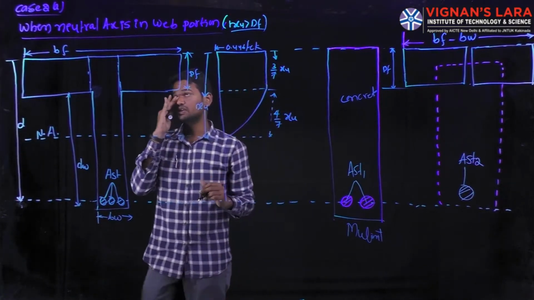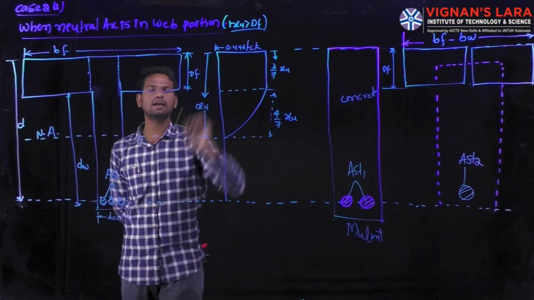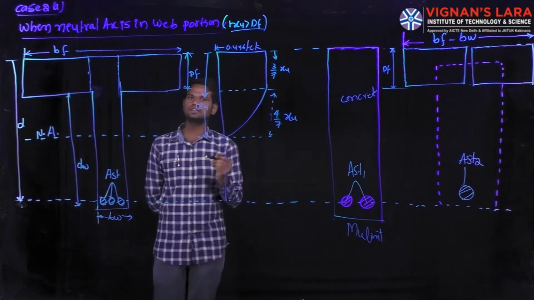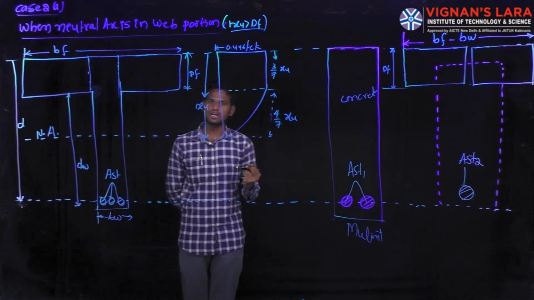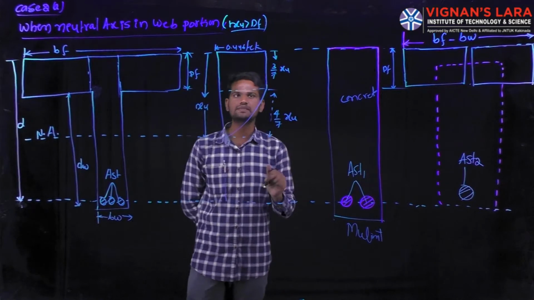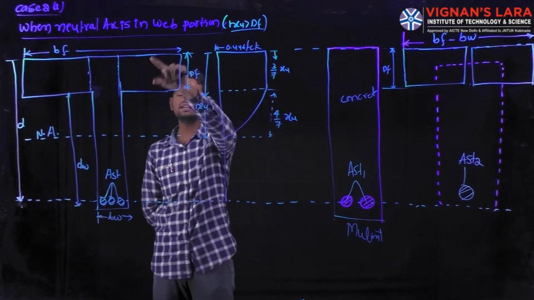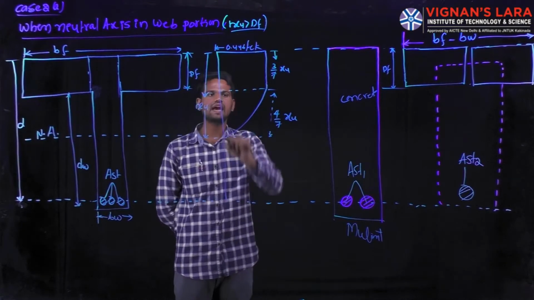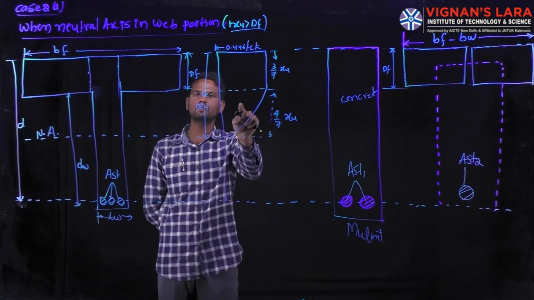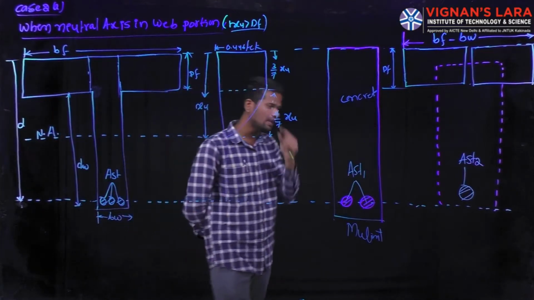Again, if you see here, when the neutral axis is in the web portion, xu greater than Df. In this condition, again we have two more conditions. After the complete explanation of this diagram, I will explain how this 3/7 of xu is completely stressed within the diagram, as well as how the lateral parabolic portion will be uniformly stressed in this diagram.